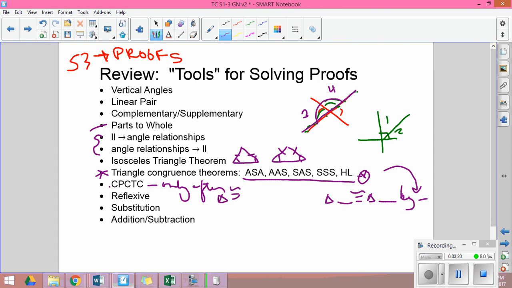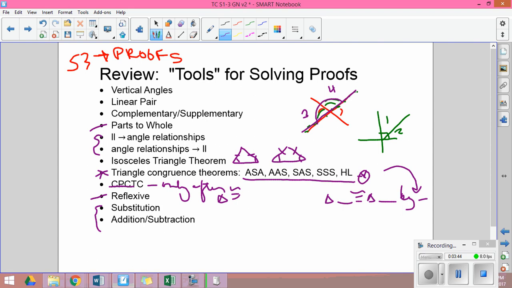You must know corresponding parts of congruent triangles. You must know triangles are congruent before you can use that. Reflexive is when something is being used twice. It's doubling up between 2 triangles. And then our 2 key algebra properties of substitution and addition or subtraction. So those are kind of the biggies when it comes to proofs.